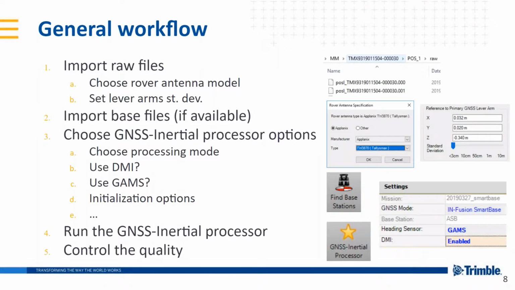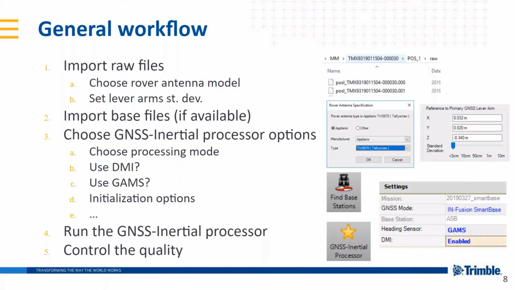In general, the data processing workflow is straightforward, but there are some choices that we can use to make your project better or worse. The workflow is quite simple. You need to import the raw file, choose the proper rover antenna modes depending on the system you are using, set the lever arm standard deviation, and then import the base station files if there are any available.